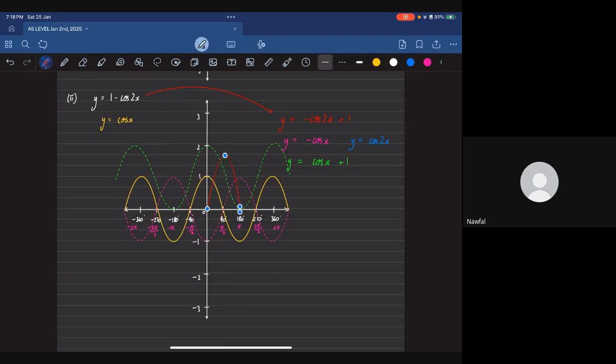So my graph is going to be like this. The red one is the one that we're going to be following. And this is how your graph should be. Is this clear, guys?